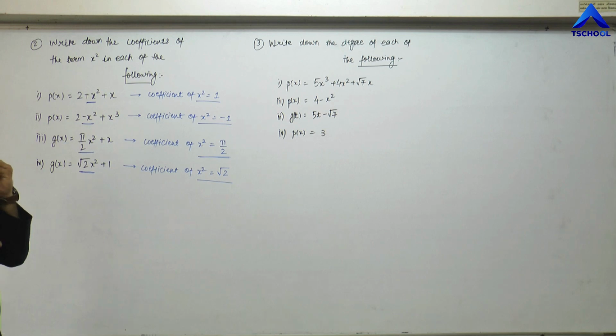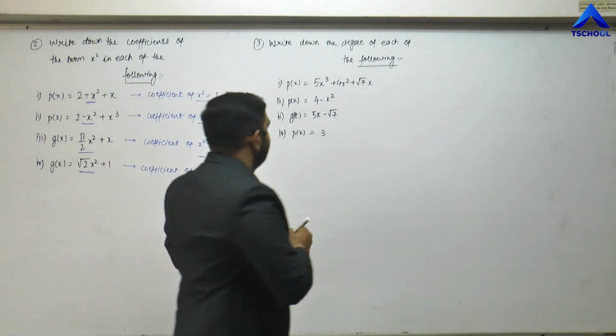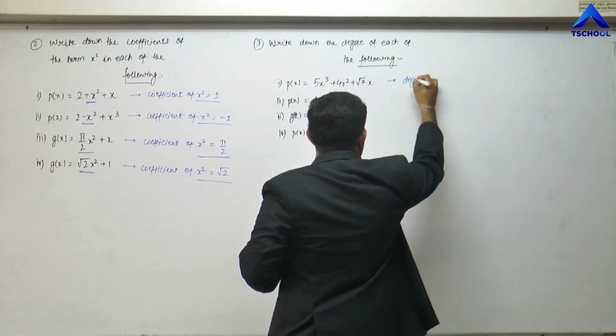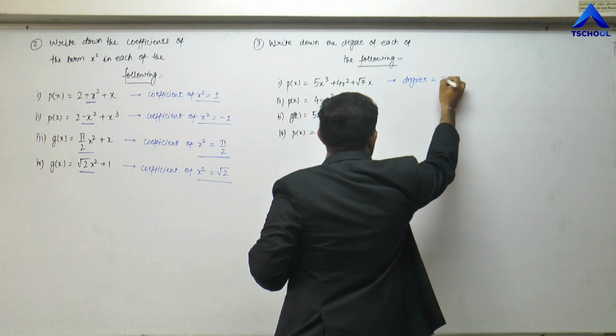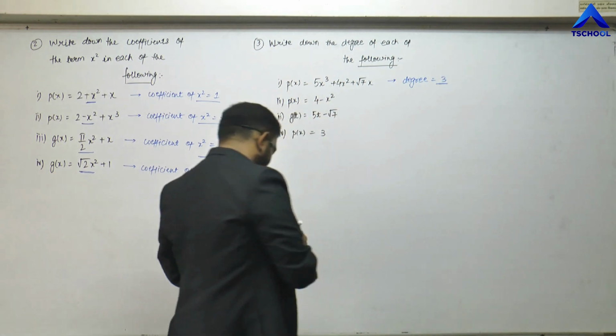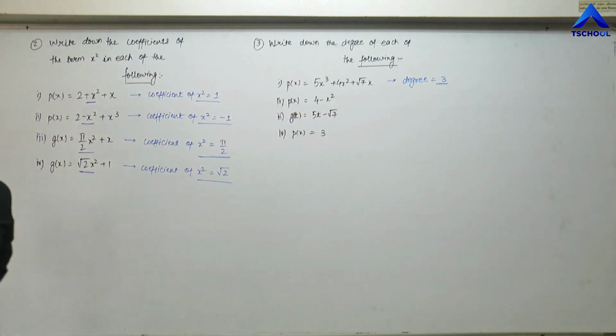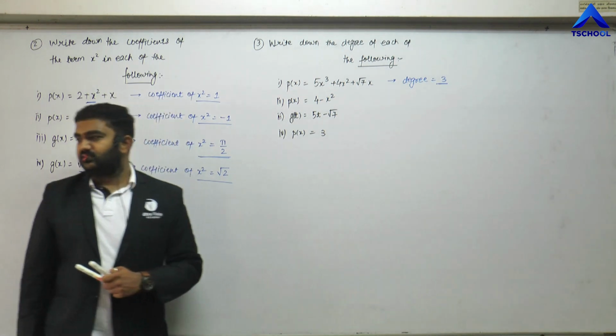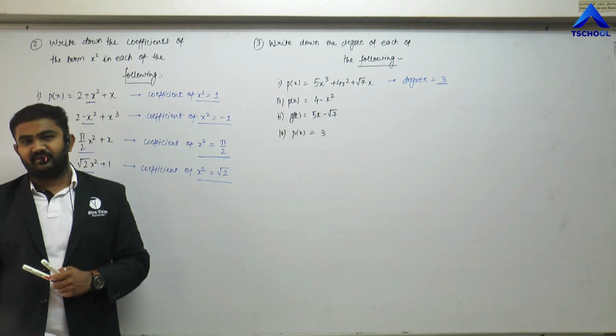Okay, so the highest power in the first question here is 3, as we can see here. So the degree of the polynomial here is 3. Then for the second one, the polynomial p of x is equal to 4 minus x square.